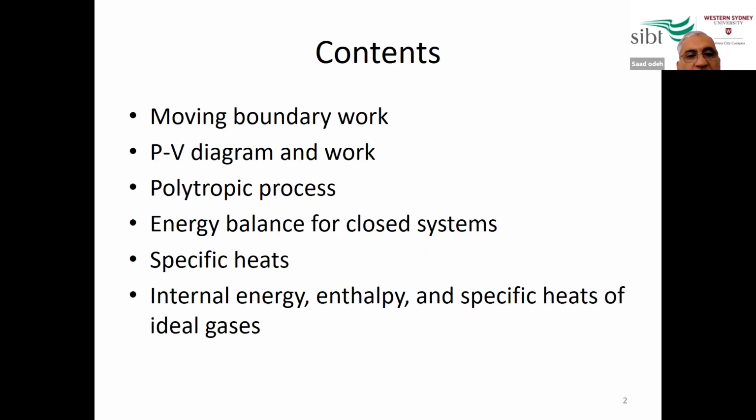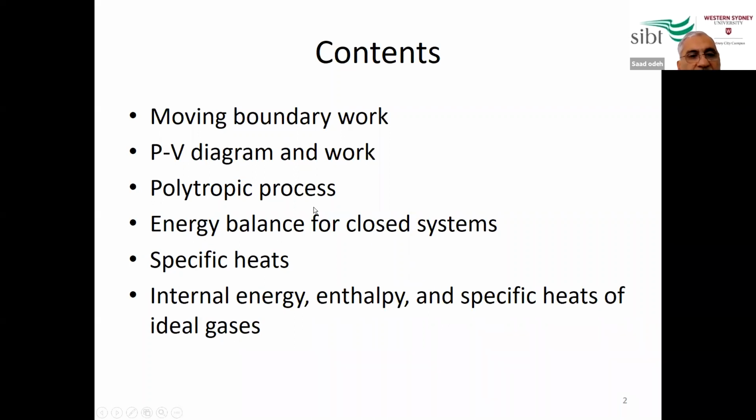We'll have some information about how to find the moving boundary work, and also how to plot the work on a pressure-volume diagram. We'll also introduce you to a new real-life process, which we call the polytropic process. Remember, in previous classes we talked about the isothermal process, the constant pressure process, and the constant volume process.